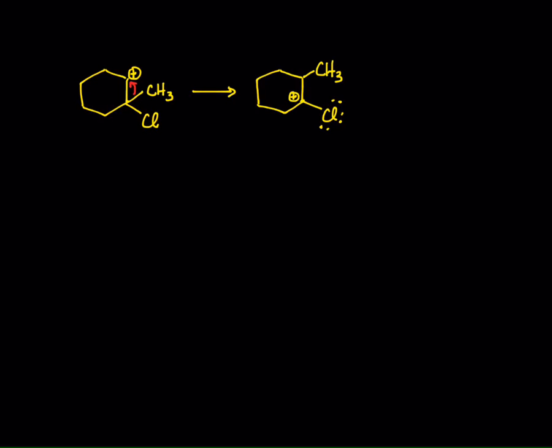Because the resulting carbocation, even though it's still a secondary carbocation, so we're going from a secondary carbocation to another secondary carbocation, but this secondary carbocation, where I have the chlorine attached to that carbon, we've seen what halogens and what essentially atoms that have non-bonding pairs of electrons can do to carbocations. That's right. They can donate electron density, and we can draw a resonance structure that stabilizes that carbocation. That is definitely going to happen.